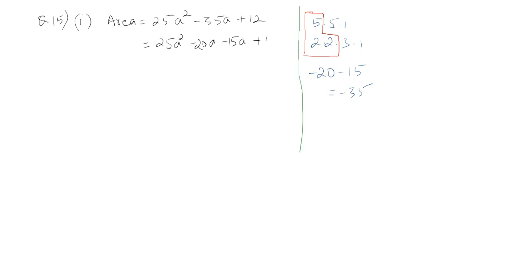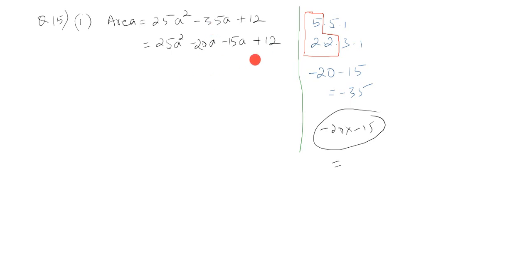Now once we do it, the sum of the middle term has to be this one, so it's there, and their product, when I multiply minus 20 and minus 15, this answer should be the same as the product of 25 and 12. So the sum of the split terms should be equal to the middle term, and their product should be equal to the product of the extremes.